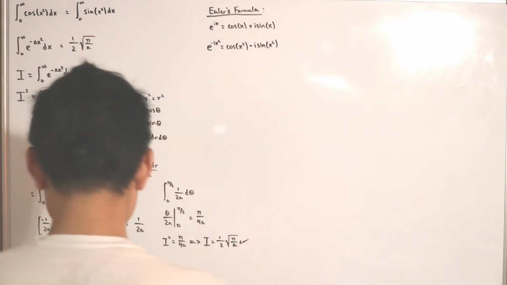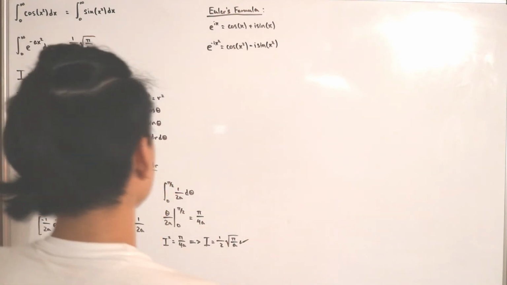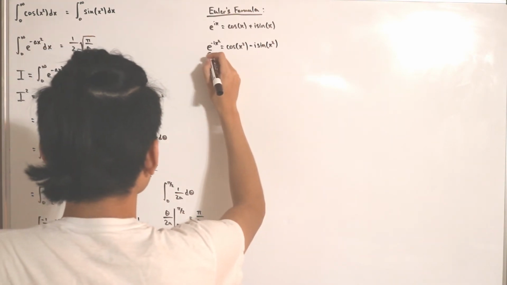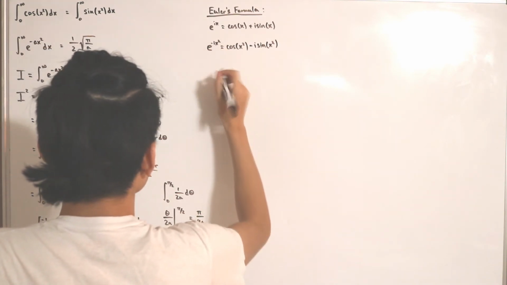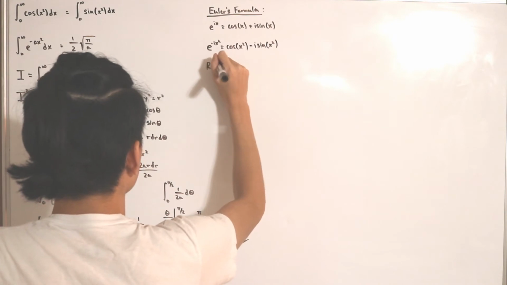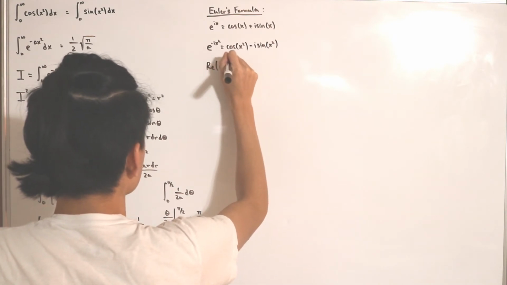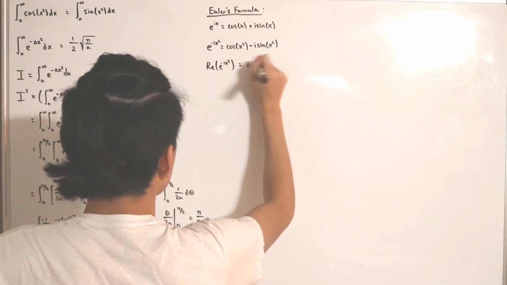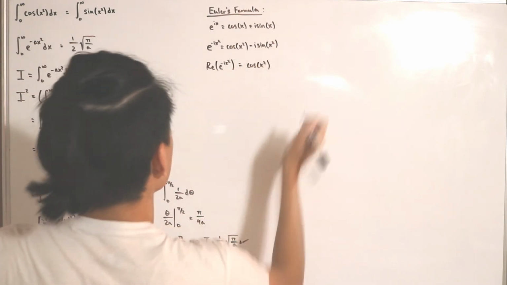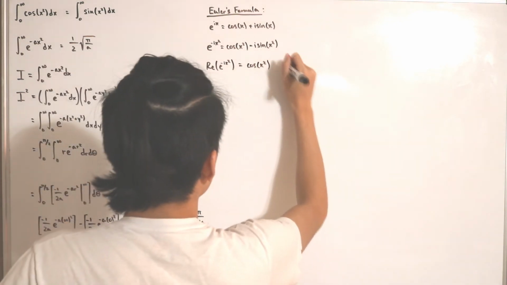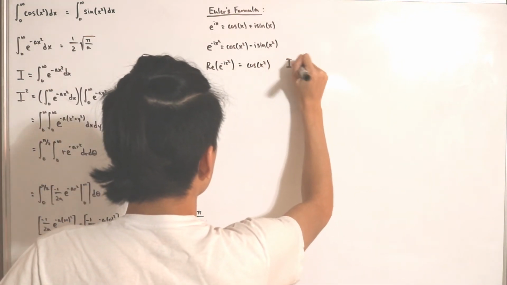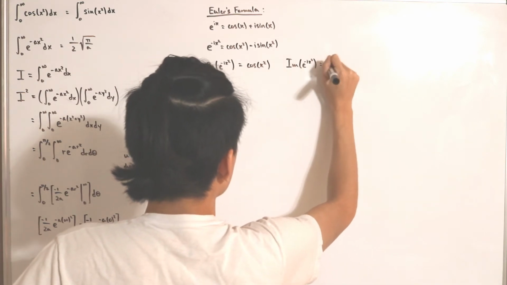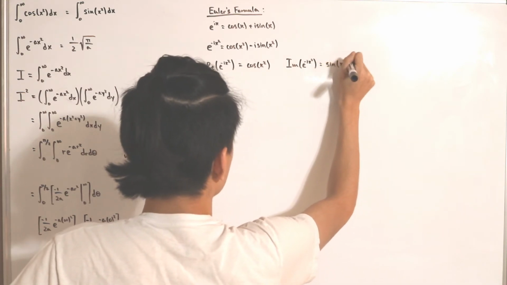Okay, cool. And this means we can actually establish some parts here. If we take the real part of our exponential, the real part of e to the negative ix squared, that's actually equal to cosine x squared. And then if we take the imaginary part of e to the negative ix squared, this is equal to sine x squared.